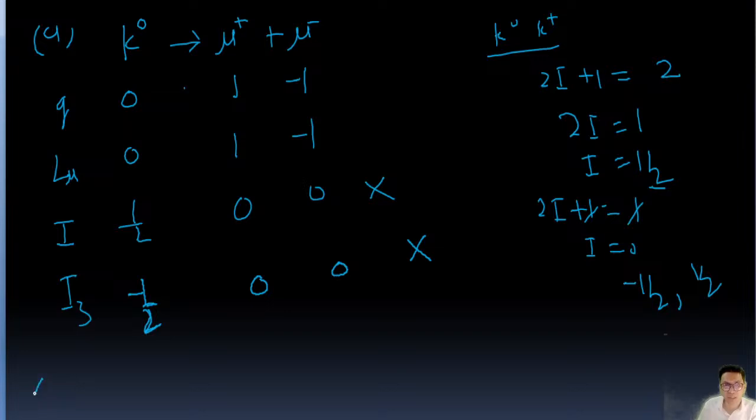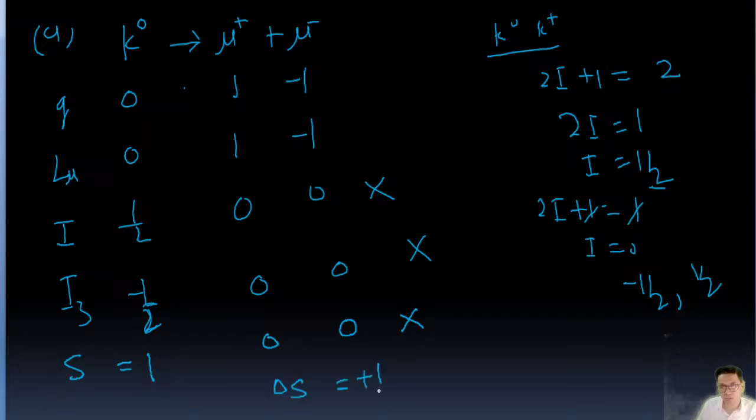Now we'll find the value of delta S. For this, S is the strangeness. For the kaon S is going to be 1, and the muons are not strange, so it is 1 and 0. So this is also not conserved, and here we can see delta S equals plus 1.